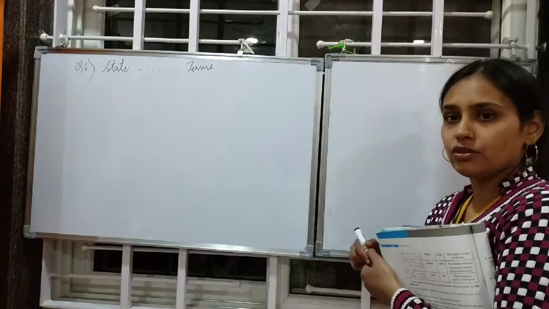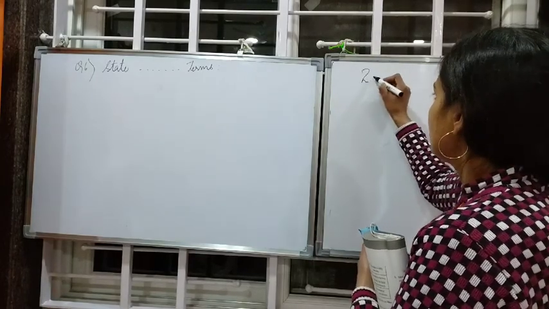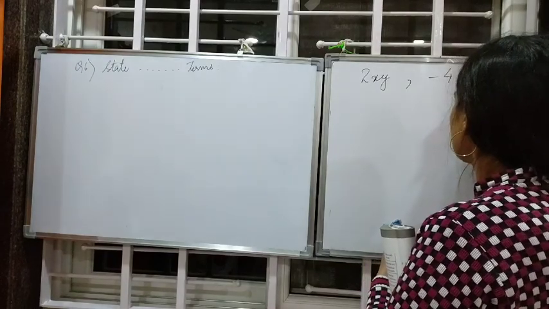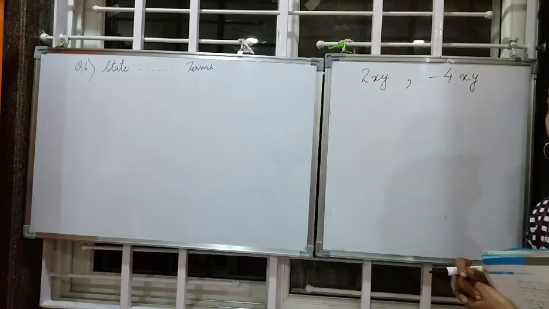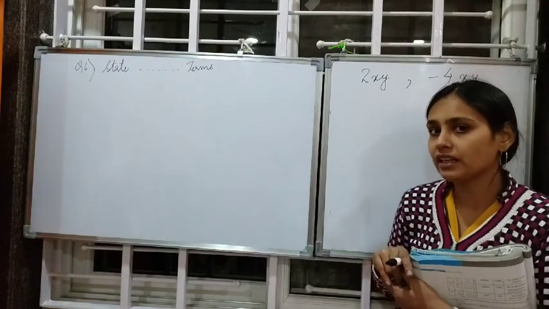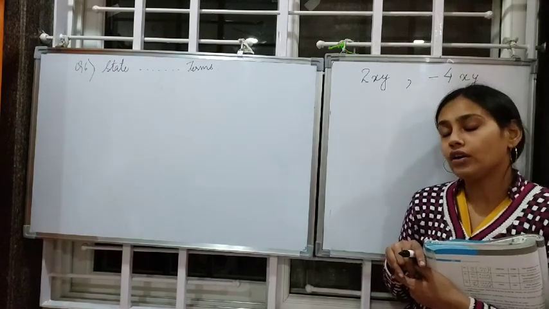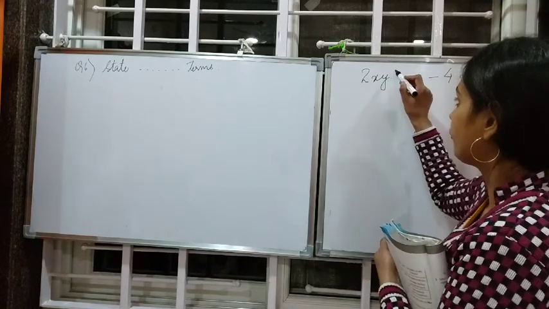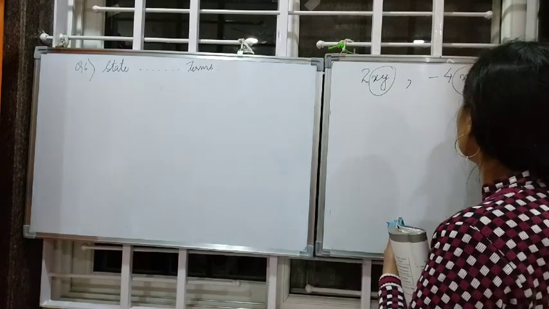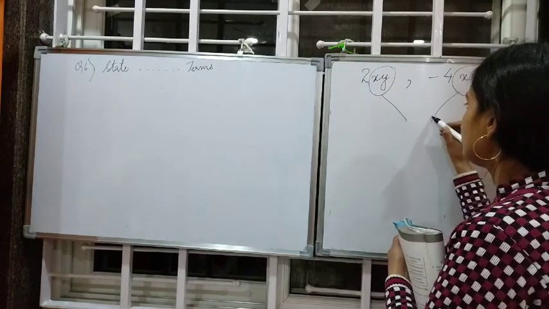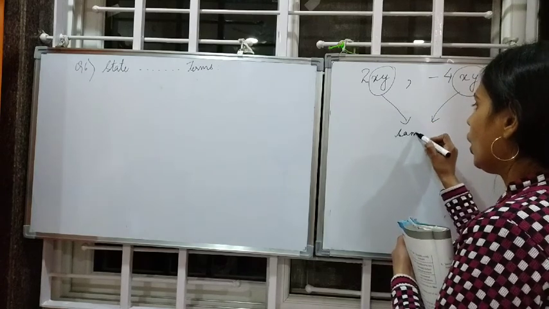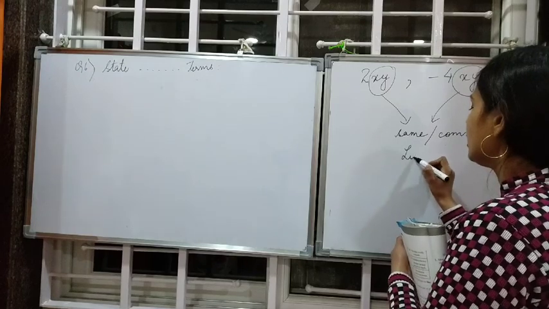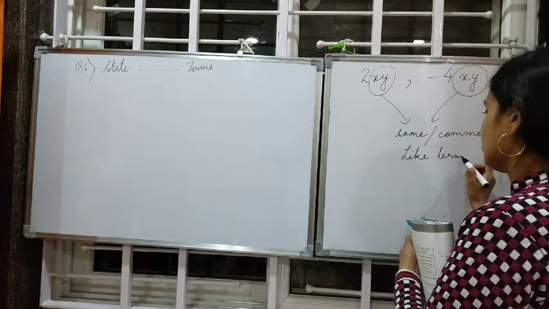So, for that we need to take 2 terms. Let's take 2 terms. 2xy minus 4xy. Children, we compare the 2 terms to find out whether they are like terms or they are unlike terms. Now, we compare. What do we compare? We compare the variables. If the variables are same or common, then the terms are like terms.